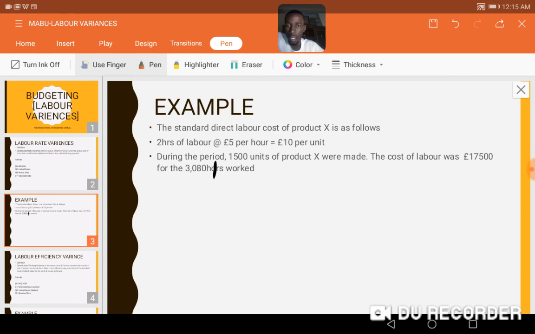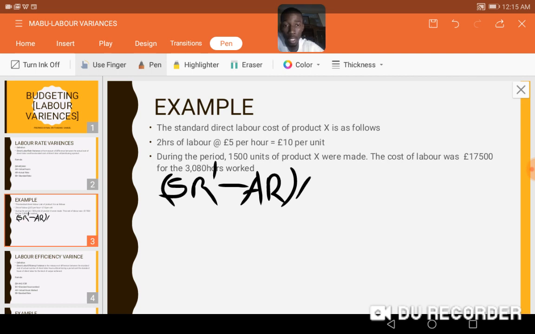We need to calculate labor rate variance. Therefore, it's just like the material price variance. It's going to be standard rate minus actual rate times actual hours. Actual hours worked again. So actual hours worked is 3080.